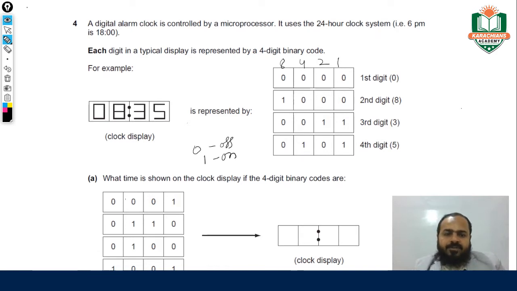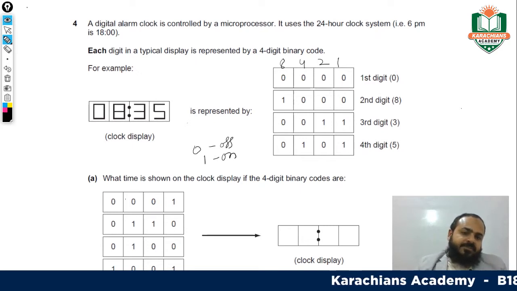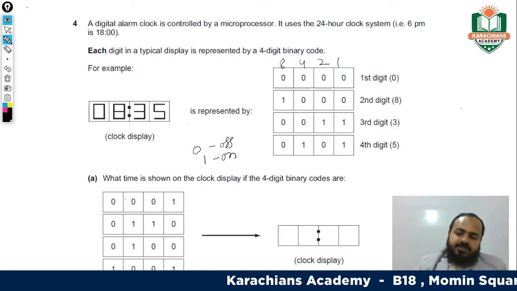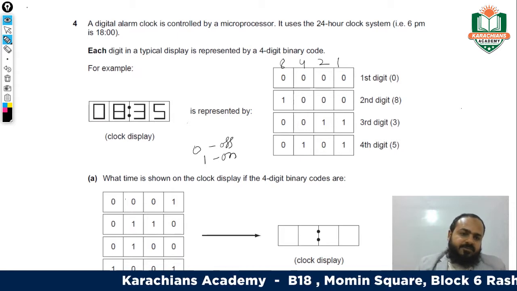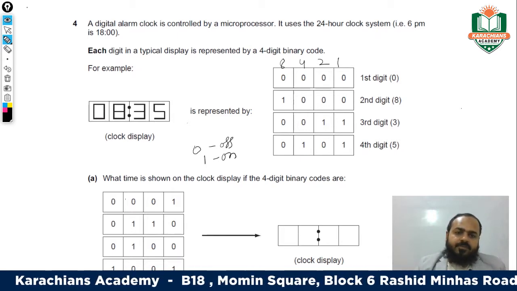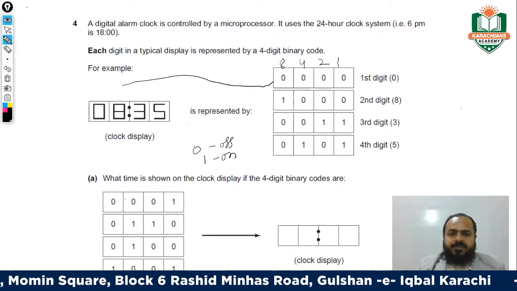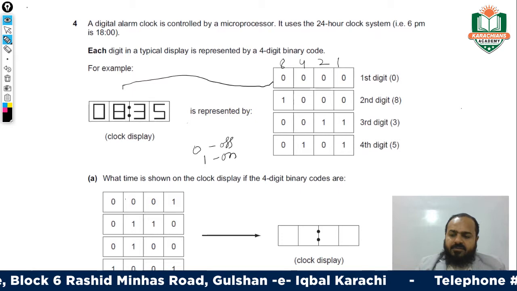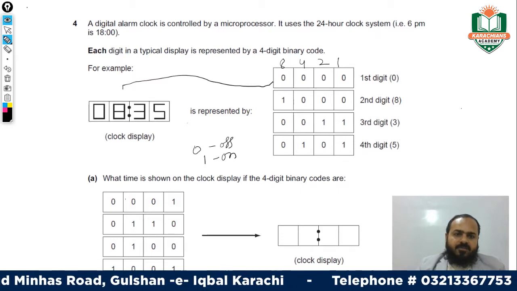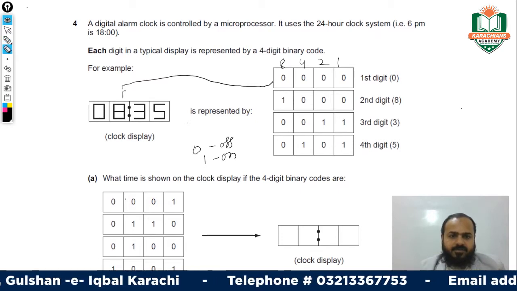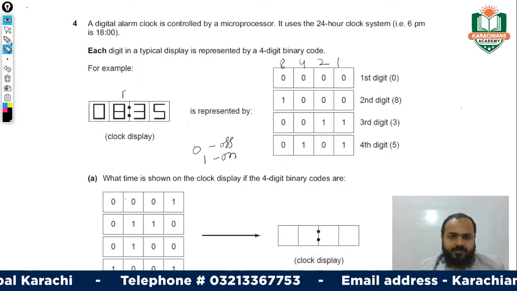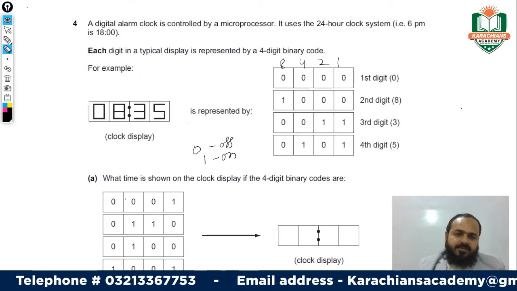So when we talk, we have the first value in the display clock, which is in the form of integer, is 0. Okay, so the first step in the first digit, which is 0, as we have seen here.